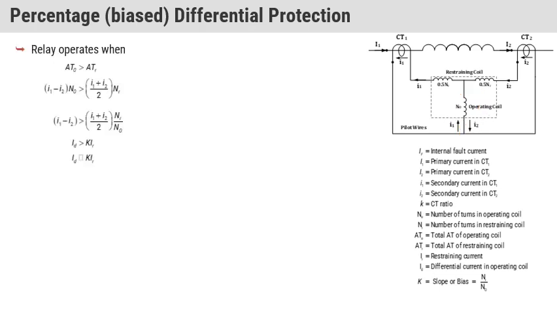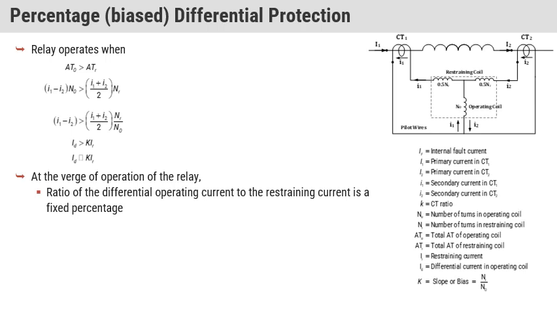The relay operates when the ampere turns of the operating coil are more than the restraining ampere turns. Only then does the relay operate. So we can derive a formula for this condition: I differential should be greater than K times IR.